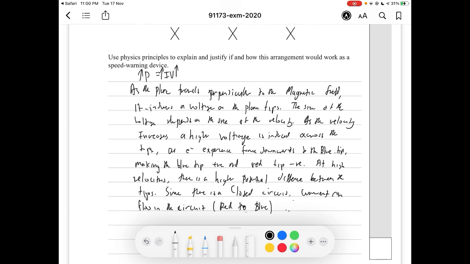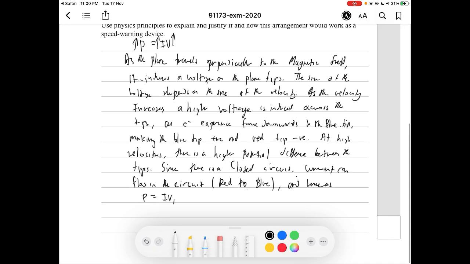Okay, so where was I? There's a high potential difference between the tips. Since there's a closed circuit, current can flow in the circuit. And hence, as P equals IV, both the current and voltage across the bulb increase as velocity increases.